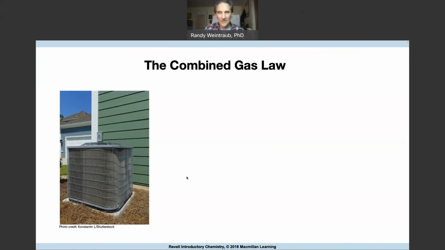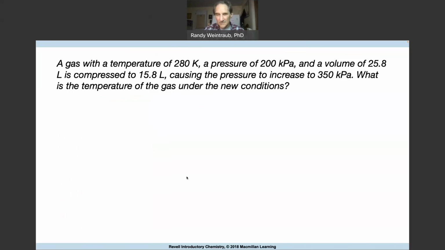For situations like this, we use a combined mathematical relationship called the combined gas law. As in Boyle's and Charles's law, we can use any units of pressure and volume, just staying consistent, but temperature, again, must be expressed in Kelvin.